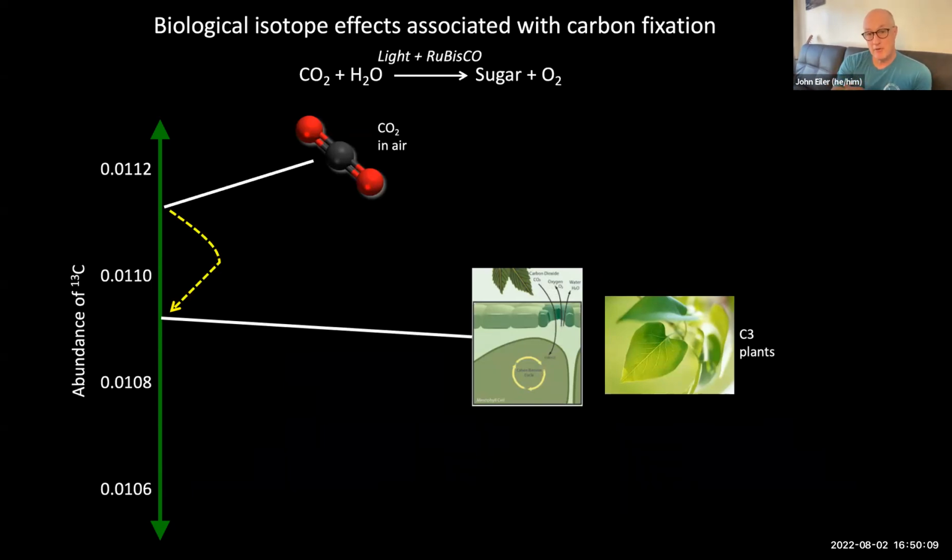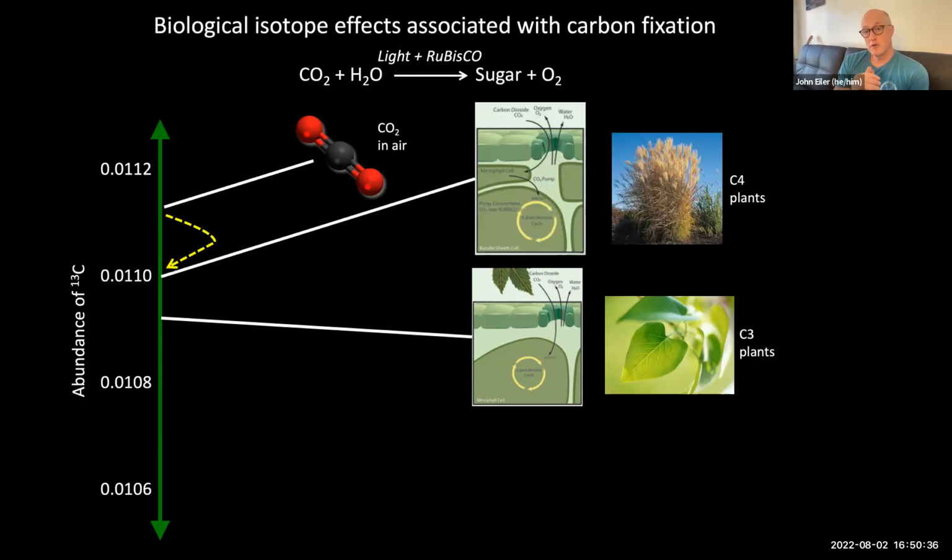And then a chemical fractionation that I haven't gone into, but is more complex, where the CO2 is bound to the RuBP molecule to make sugars. And that's a second fractionating process, a chemical fractionation. And it's the addition of those two effects that leads to about a 2.5 or 3% depletion in the carbon-13 content of plants compared to air.